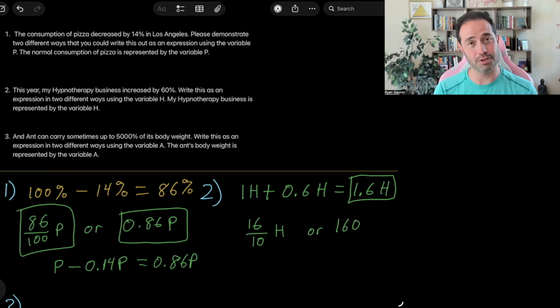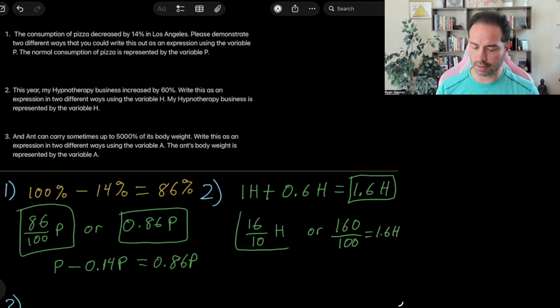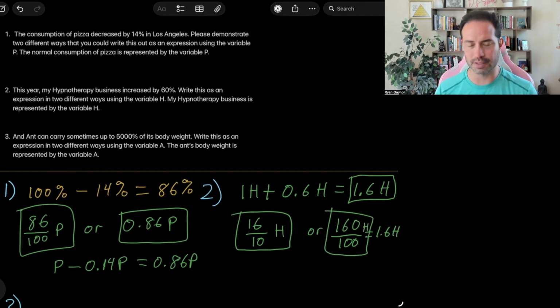So that would be the 100% plus the 60% over 100, right? So if I divide by 100, I'm moving the decimal place 2 places to the left. So that would bring me right back to 1.6h. Okay, so there's a fraction answer. Oh, whoops, forgot the h here, right? And there's another fraction answer.